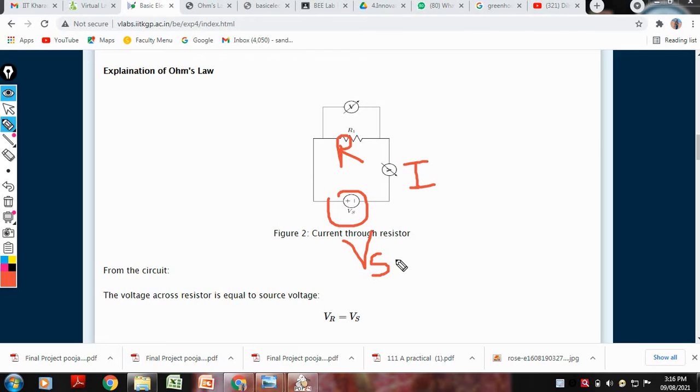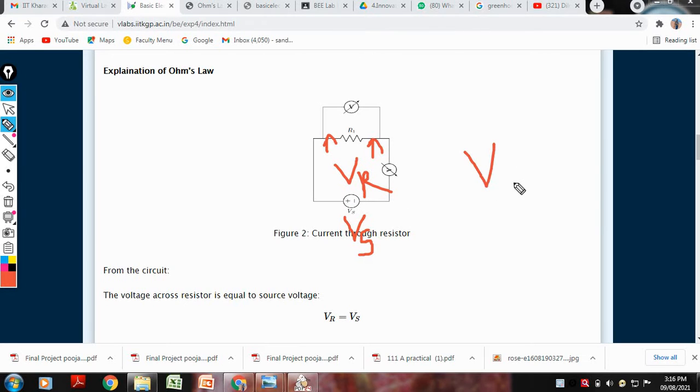In Ohm's law, this is the supply voltage Vs and the voltage across the resistance is VR. In Ohm's law, the voltage across the resistance is directly proportional to the supply voltage.